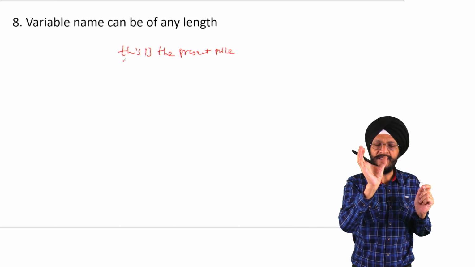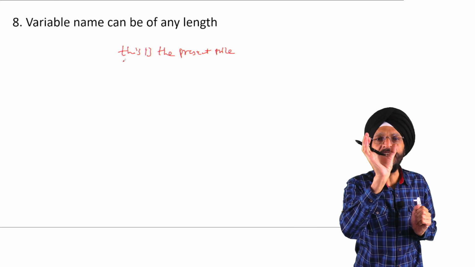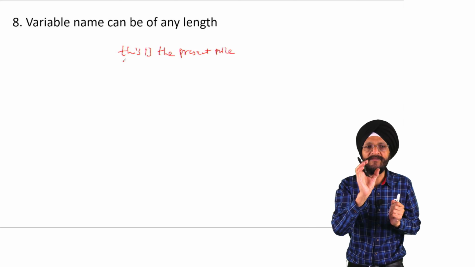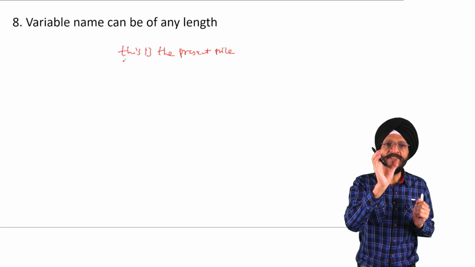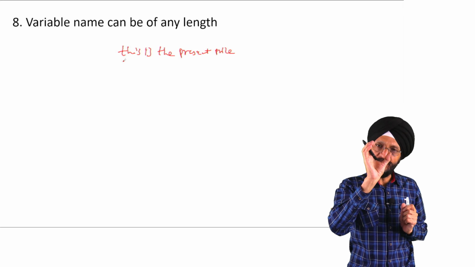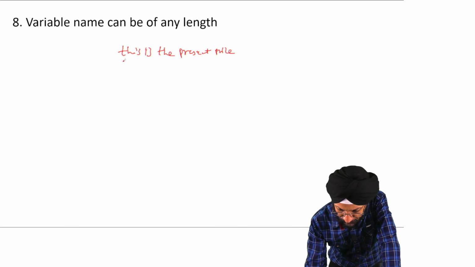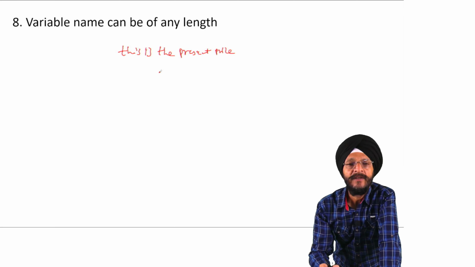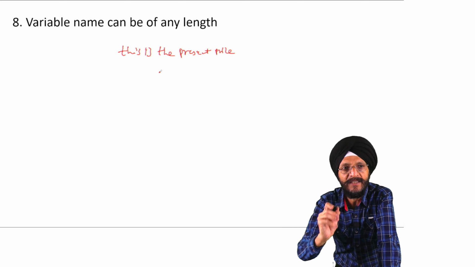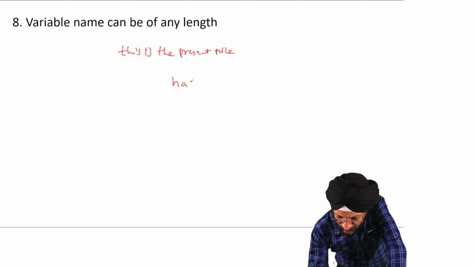It does not seem to be properly readable. We should have a variable name which is short and properly readable. For example, we can create variable names such as name, age, sum.